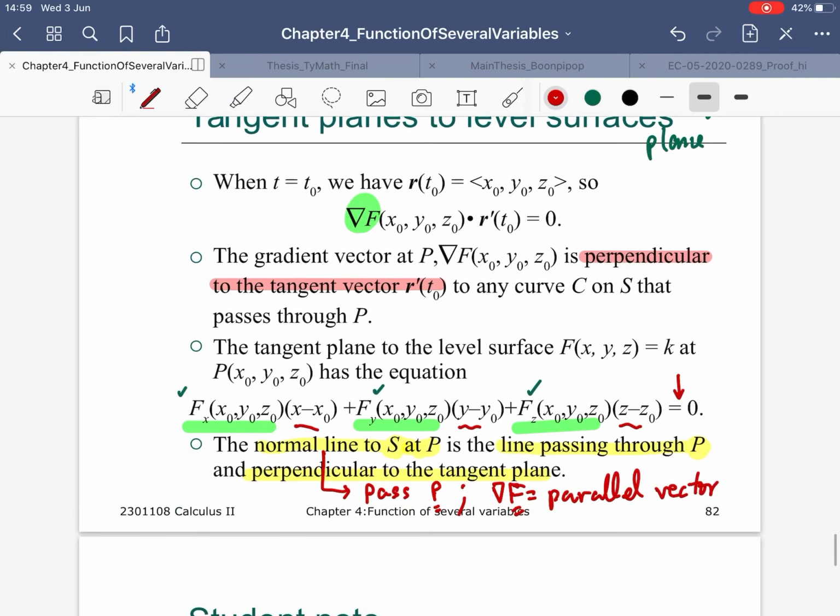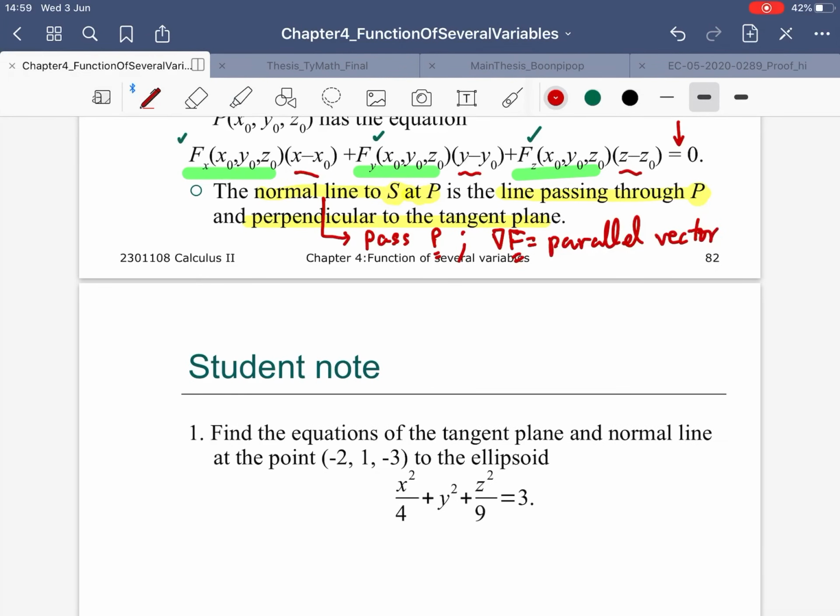So let's look at one example. It's just an easy example. This one is your capital F of x, y, z. Let me write it down right here. You need to find the equation of the tangent plane and also a normal line at this point for the ellipsoid.